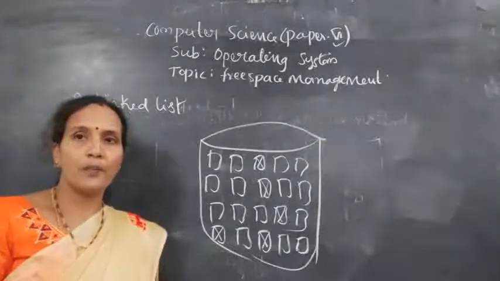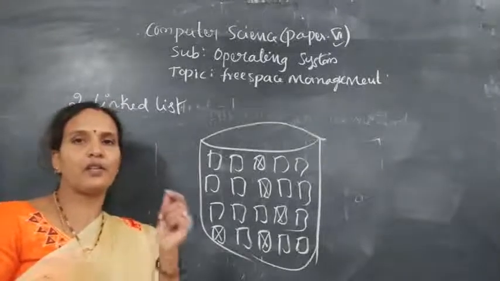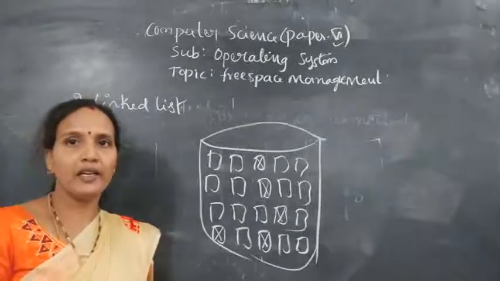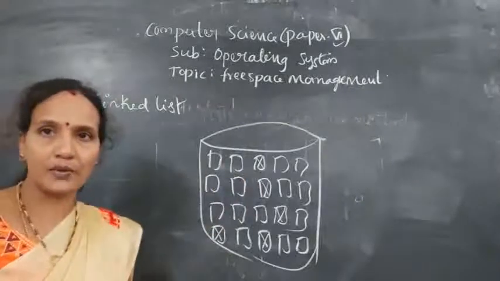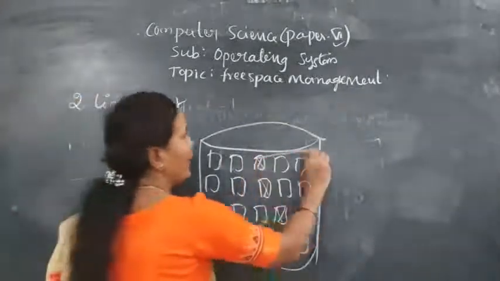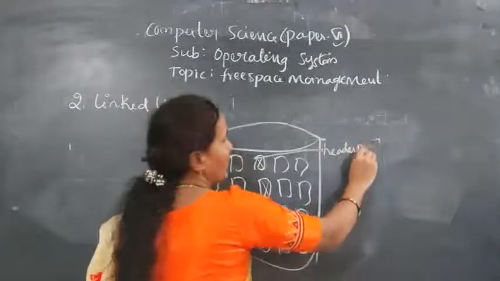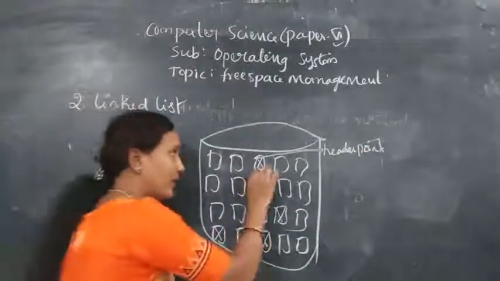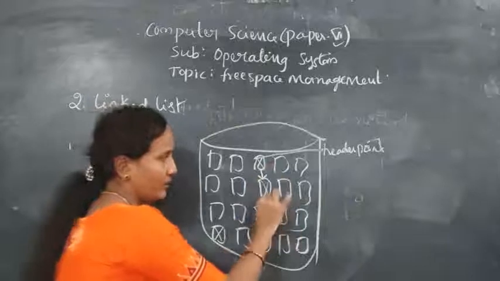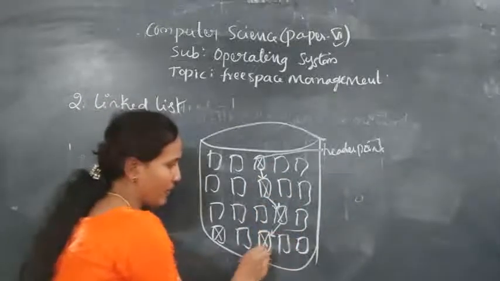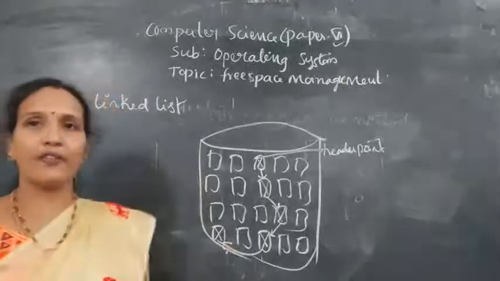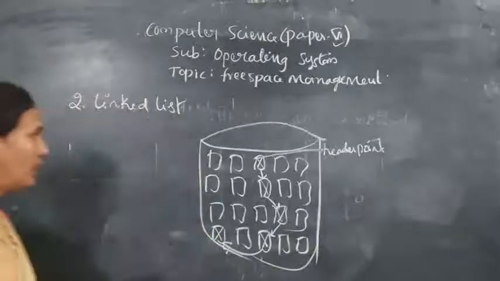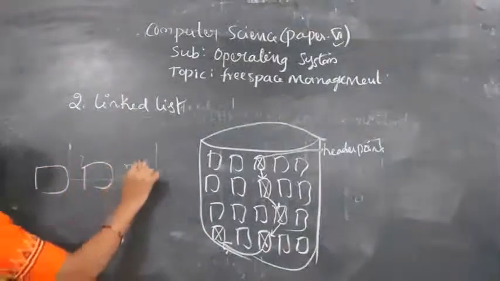In a bitmap, we give 0, 1 and so on. But here we are using a linked list. The first free block is the header pointer, and whatever next free block is there is linked with pointers. Each and every free block is linked with pointers: first block, second block, third block, fourth block.